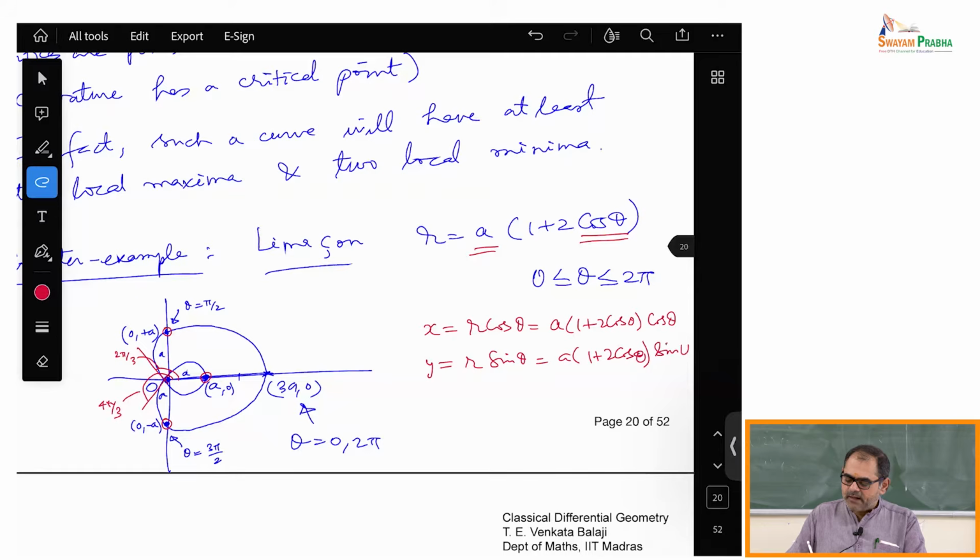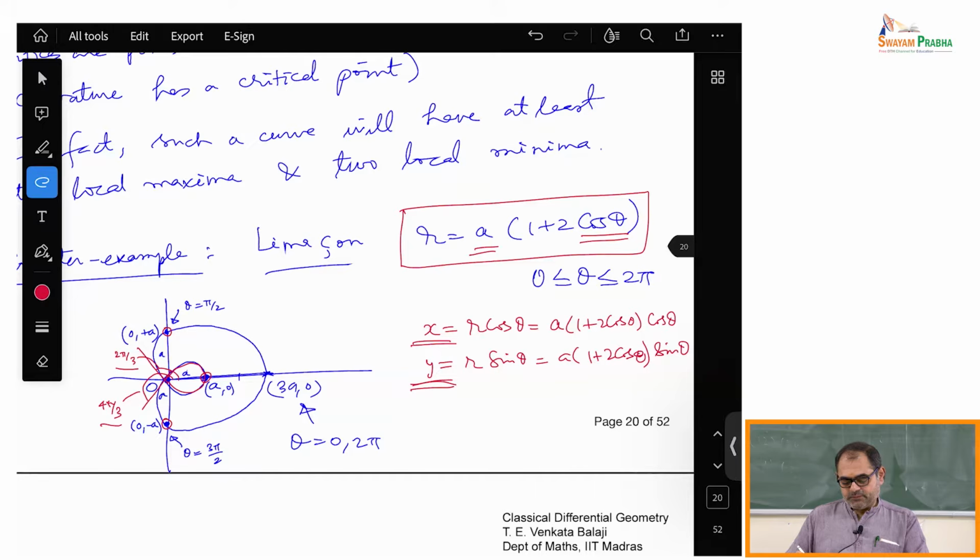And now if you plug in the values from 2 pi by 3 to 4 pi by 3 in here, what you will get is the inner loop. So there is some ambiguity when you write it like this. The inner loop you will not get it directly, you have to write the x and y coordinates, then you will get the inner loop.